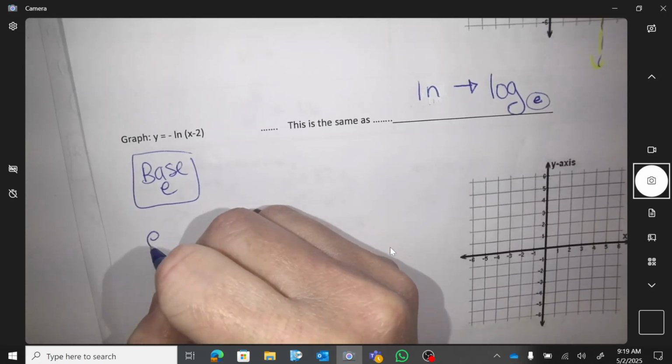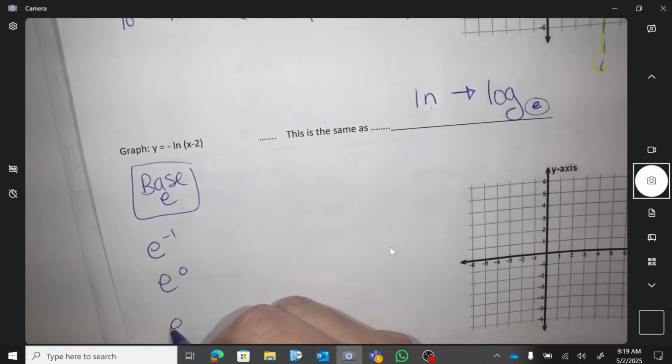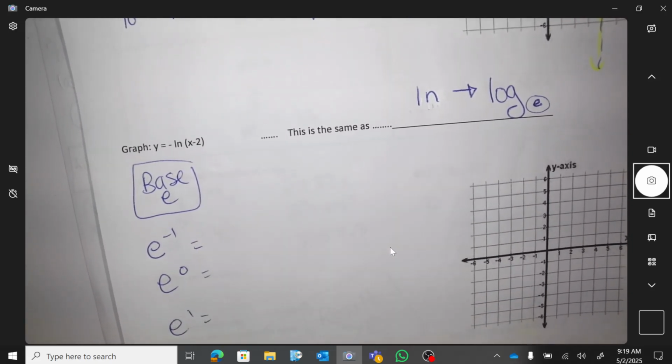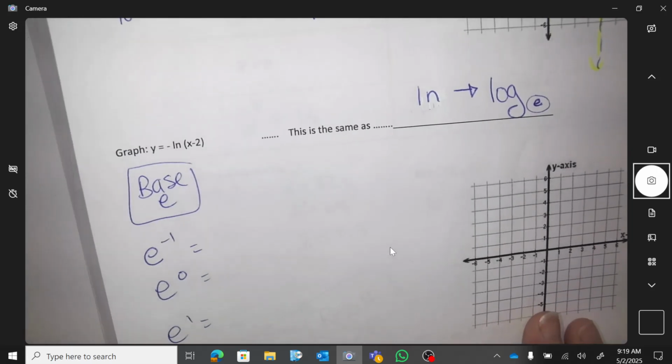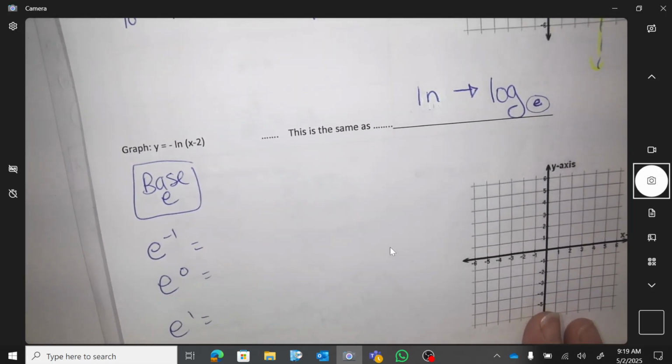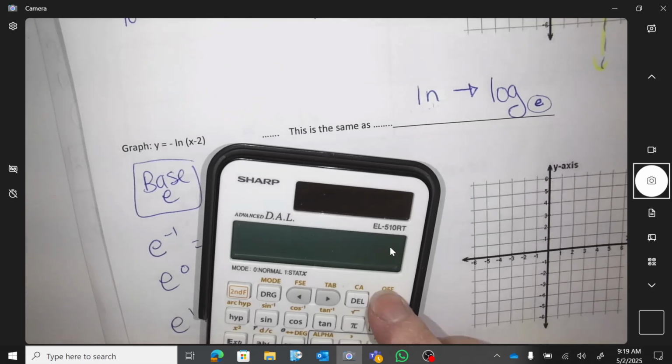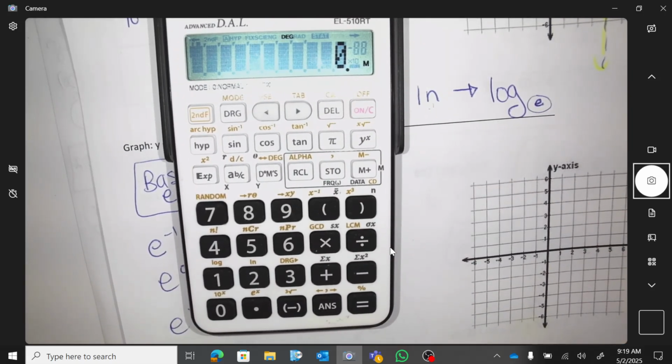So here you go. E to the -1, E to the 0, E to the 1. Okay, so this, you can have your calculator on because you don't know how to just use that number. So let's see, we haven't probably even looked for this button. It's a different button you've never used, I'm guessing.